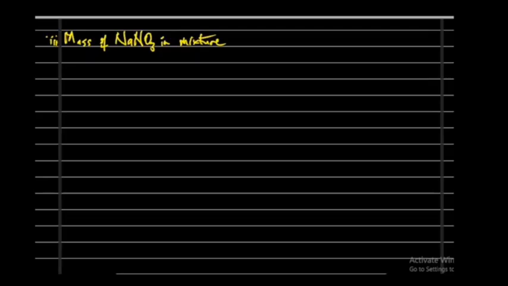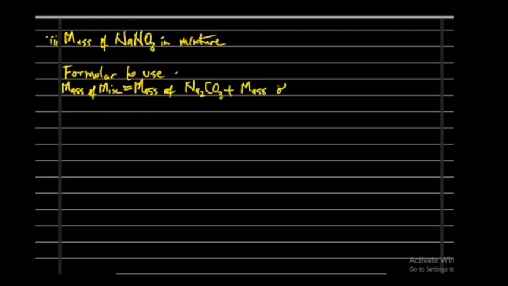The formula to use: mass of mixture equals mass of sodium trioxocarbonate plus mass of sodium trioxonitrate. Therefore, we can have mass of sodium trioxonitrate, since that is what we are looking for.